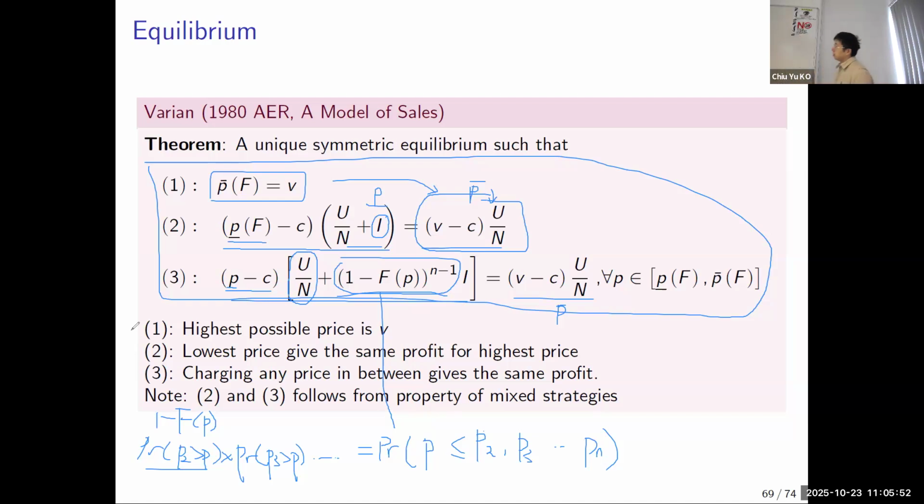Even in this standard model with homogeneous goods and Bertrand competition, as long as some consumers are not searching, only some consumers who are not willing to search, who are information constrained, then if firms are doing a mixed strategy, which is the only possible case, they're not making zero profit.